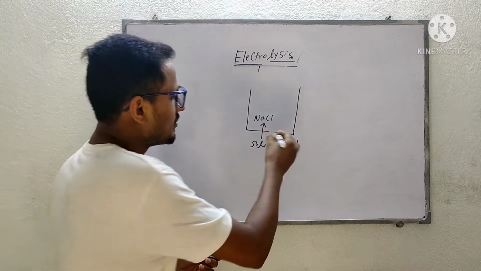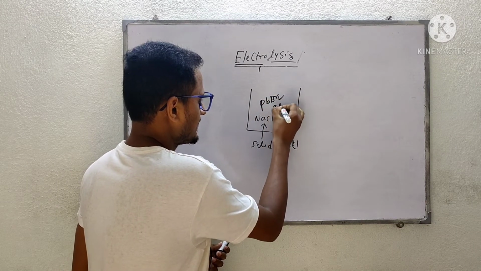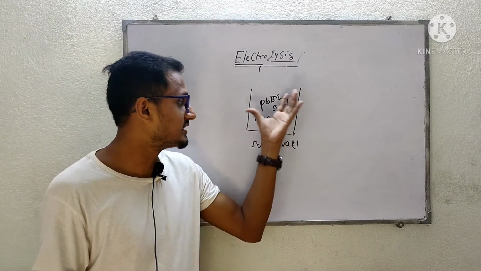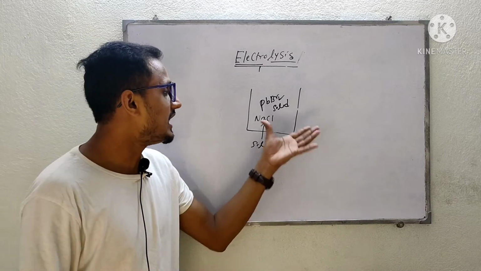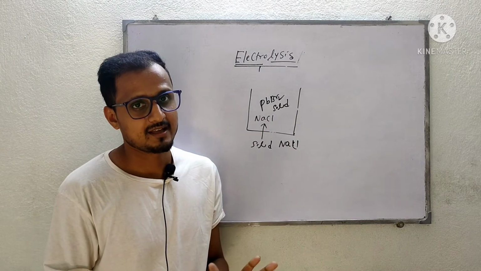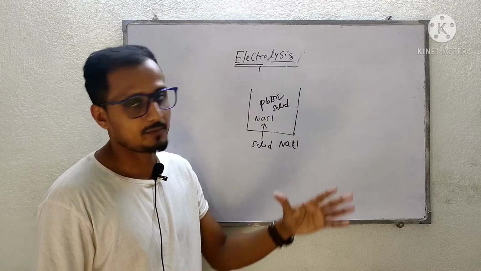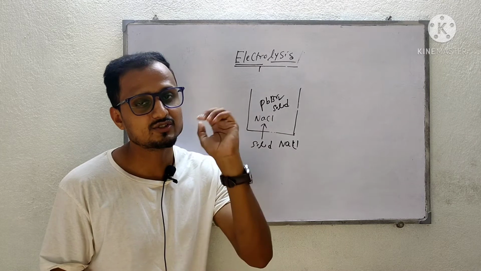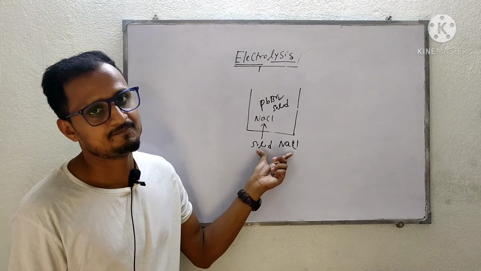We can take lead bromide also, PbBr2, in solid form. If you pass electric current over solid sodium chloride or solid lead bromide, they will be unable to conduct electricity. They are non-conductors while they are in the solid form.